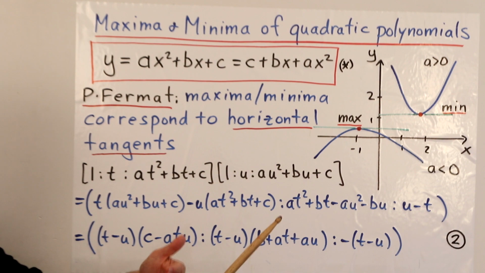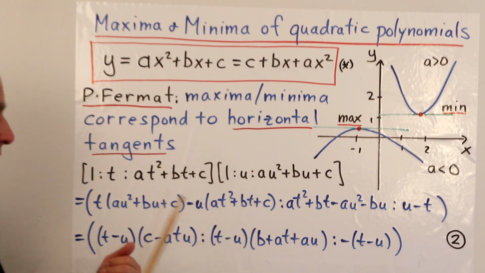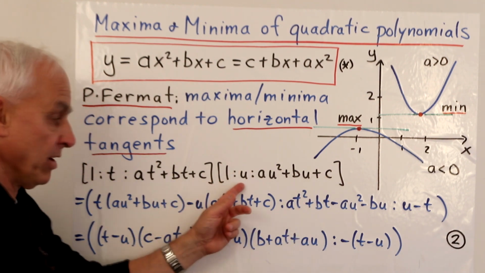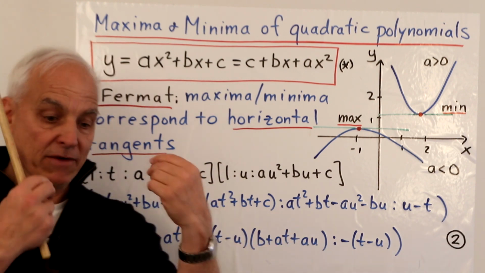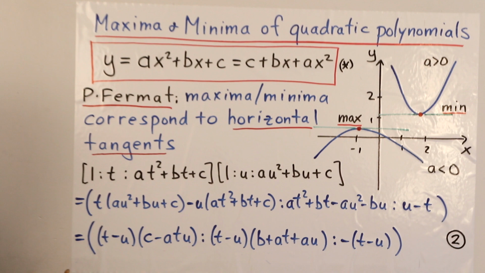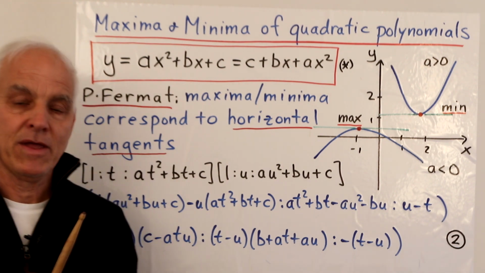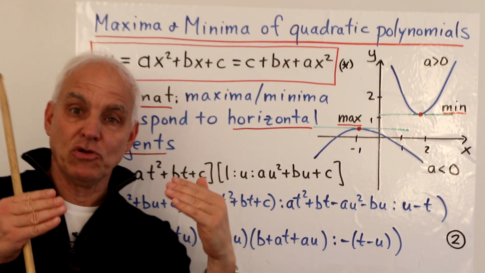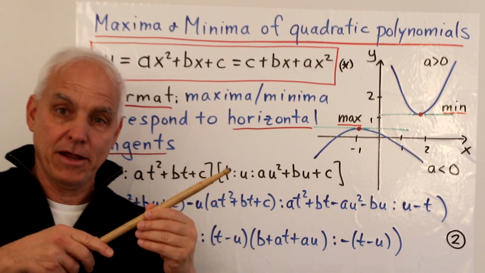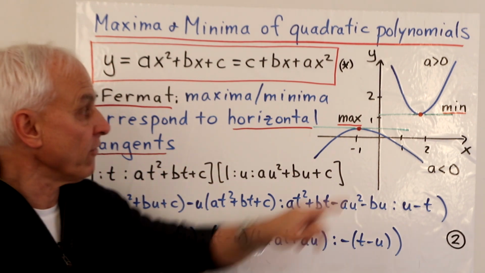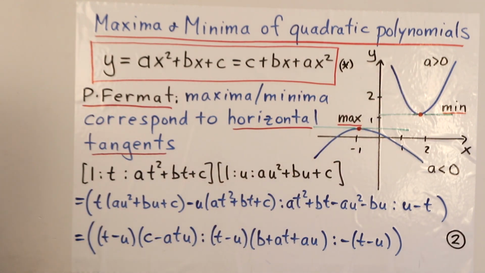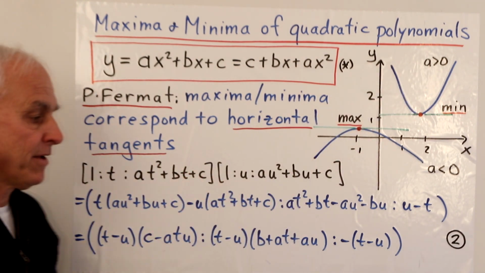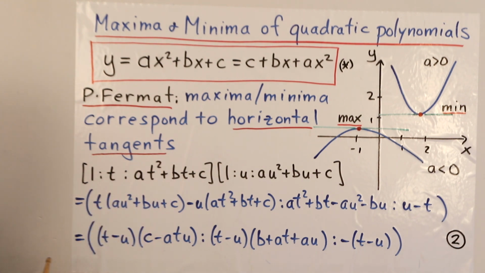A second point on the curve has the same expression, but with t replaced by another value u. So now we have 2 points, with parameters t and u, and we can find the join of those 2 points. That's the secant line formed by 2 points on the curve. So one point on the curve, another point on the curve, and now we're finding the line through them. Okay, so we have to take the product of these 2 points, and we know how to do that.